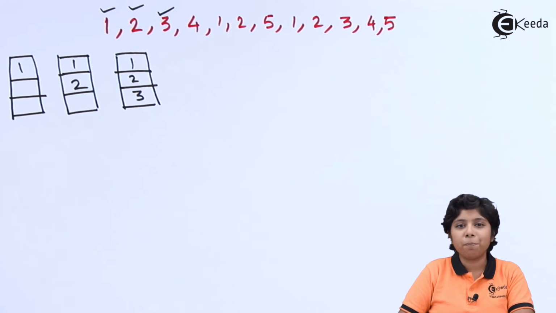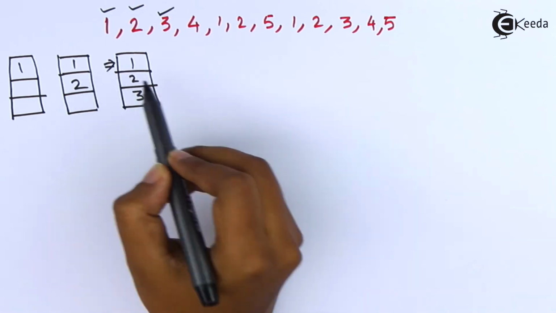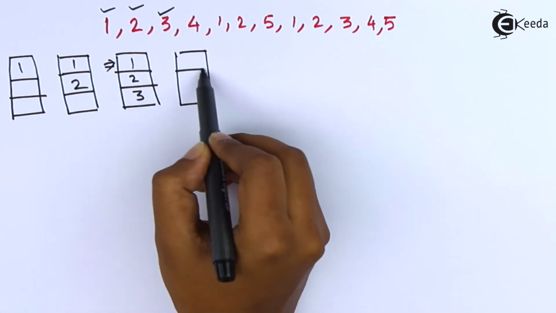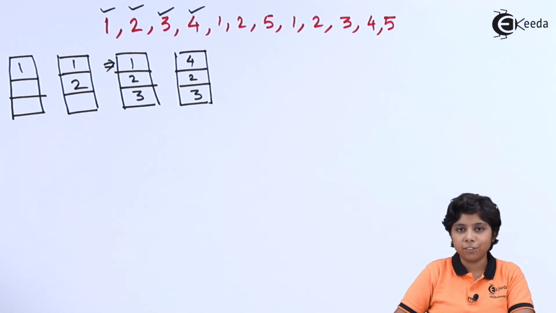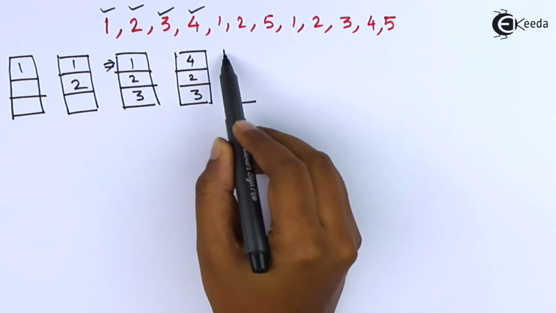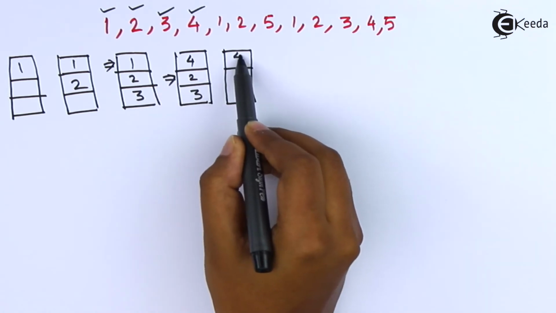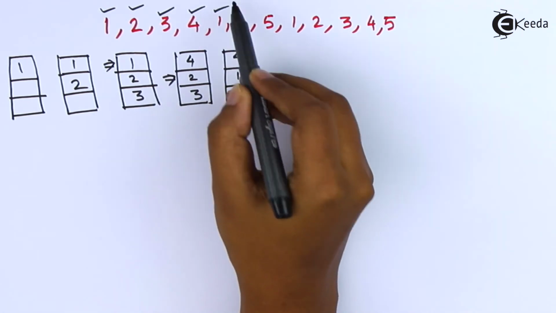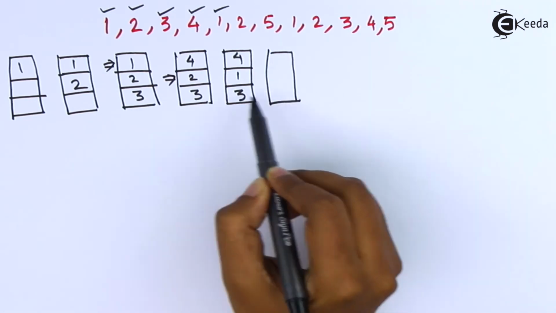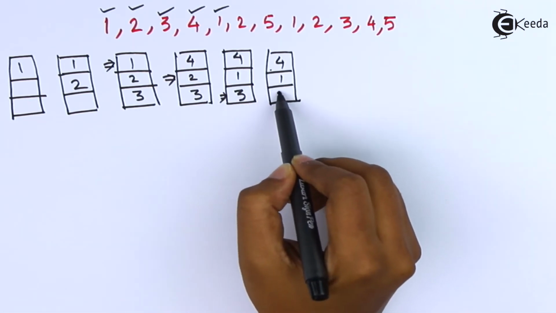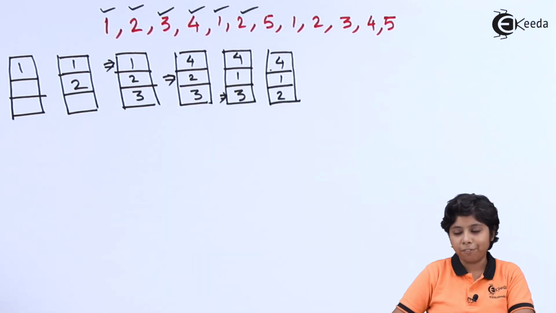Next, 4 is appearing, so obviously it will cause a page fault. After that, 1 will also cause a page fault. Now 2 will cause a page fault. Again 5.